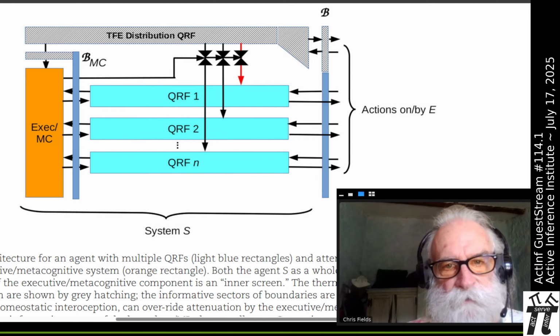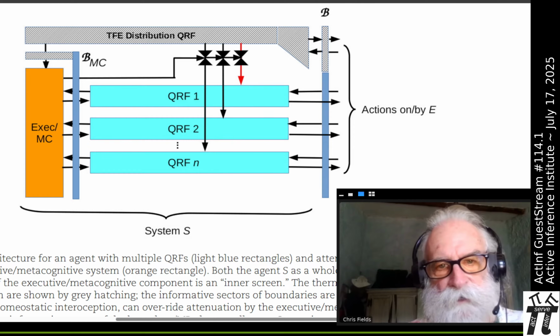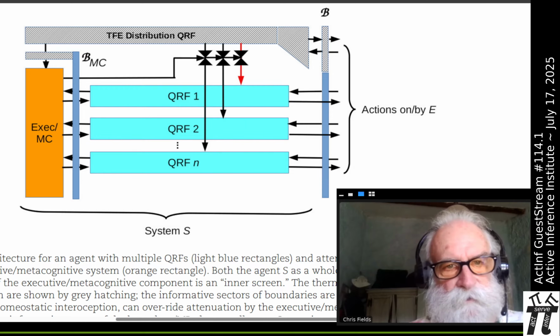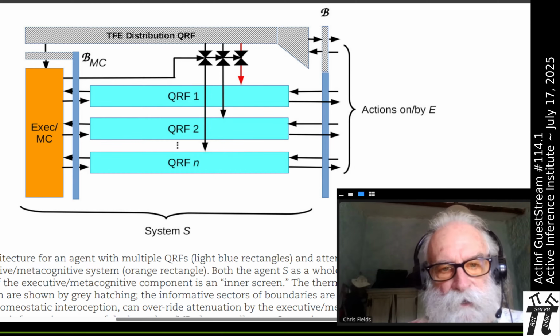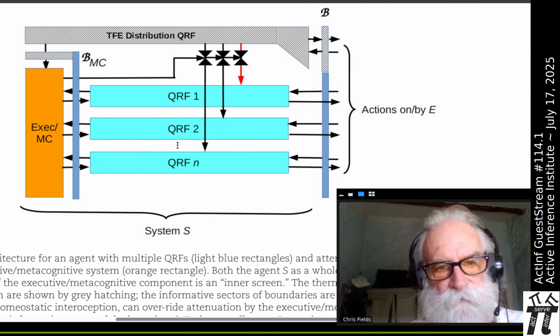So we have two different kinds of experience going on now. We have an experience on an outer screen, which is information encoded by the environment or by the system's actions, and information on this inner screen called BMC, which is the experience of the meta controller, but it's also the experience of the perception action loops that they get from the meta controller.